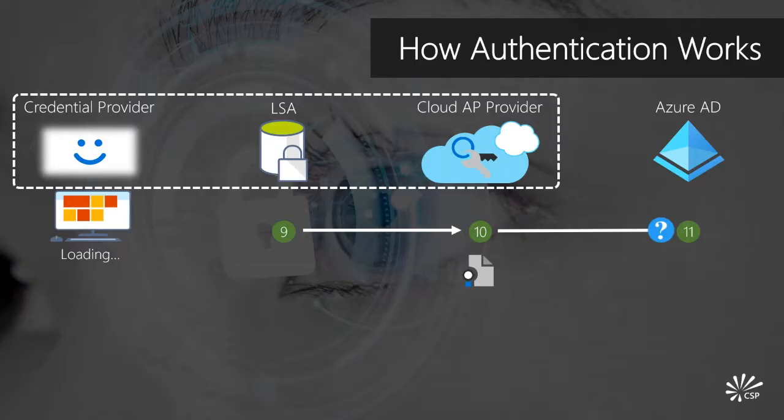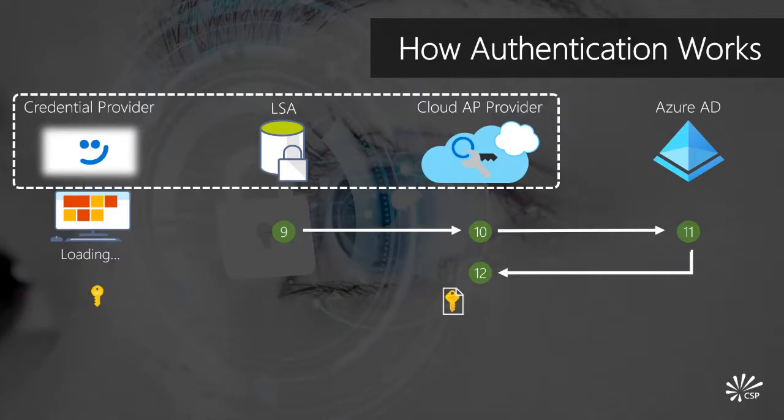So this nonce, again, is just an arbitrary, randomly generated value that's associated to this specific authentication attempt. Azure AD is going to generate this nonce object, and is simply just going to send it back to the Cloud AP provider.